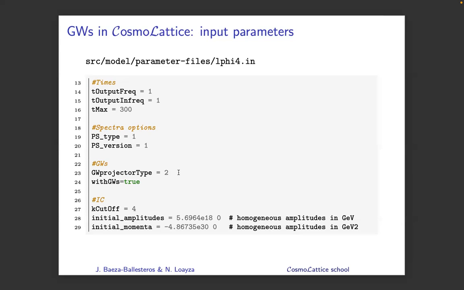So in principle, if we choose the forward-backward derivative, the projector will take that into account and will choose lattice momenta, a real value or a complex value. And this is where you choose that. But I will show you which one of these numbers refers to which kind of projector.